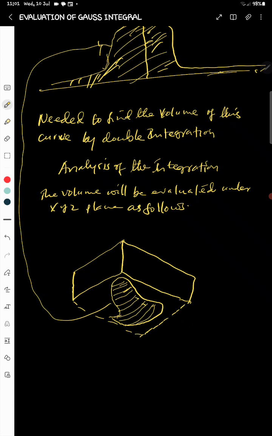Now suppose here we take, this is a tube. Suppose here we take one element. Let's use another color.